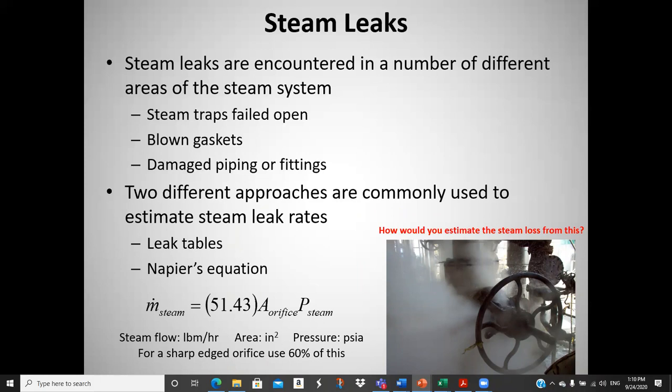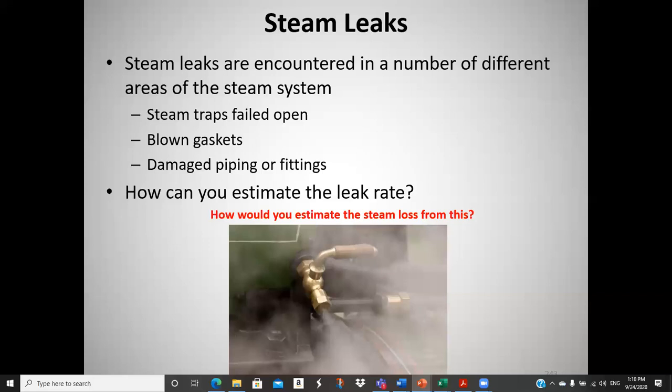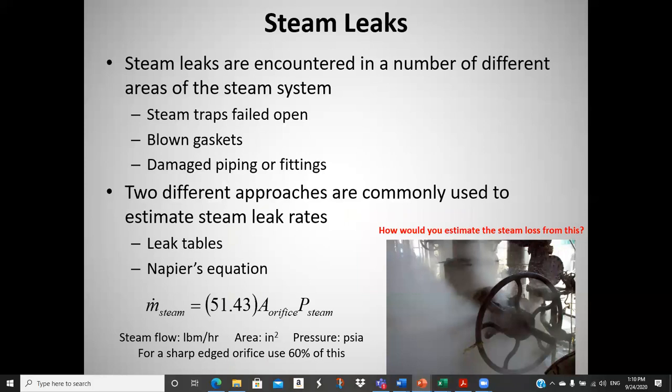This is more like what you see. You've got a valve and gaskets and all that stuff and it's just spewing out. You look at this one and go, well, that's pretty small. You look at this one and go, oh, that's a little more. At some point, you have to put a number on it.